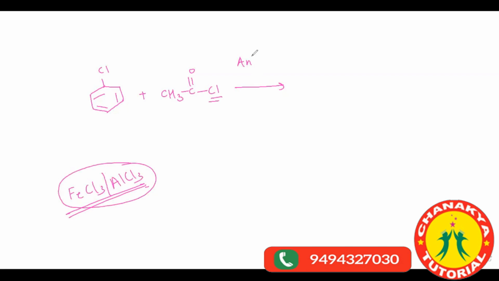Now, anhydrous is very essential. What do you mean by anhydrous? No water molecules, completely dry, and there should not be any moisture or water present in this reaction, right? So if I have used AlCl3, it acts in the same manner. It will take this Cl and form AlCl4, and because of this, your carbonyl group, C double bond O, will become electropositive.